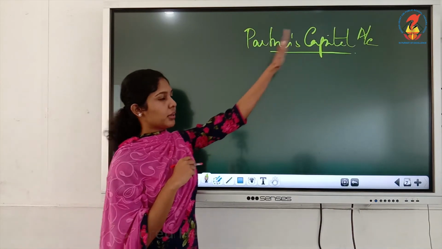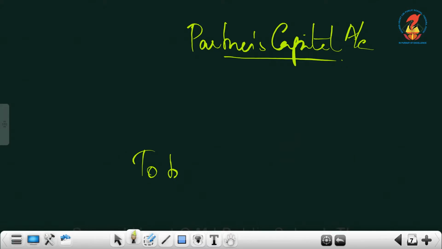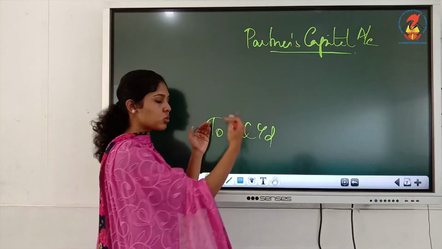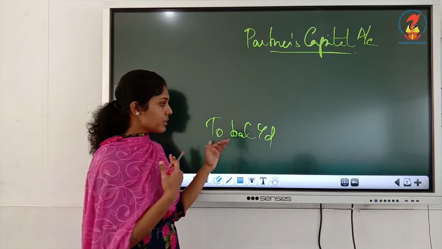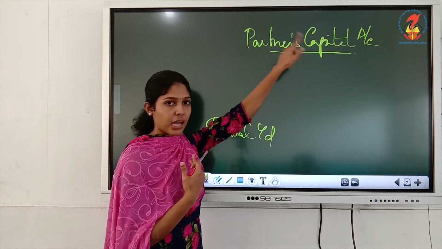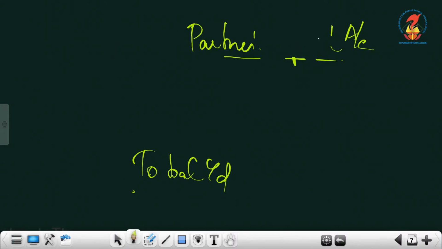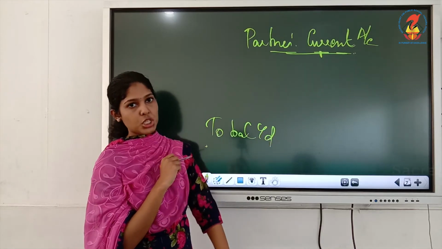Usually when you do partners current account, the balancing figure you will write as carry down and you will take it to the balance sheet. But now there is no balance sheet. You can't write it as to balance carry down in current account. We will write current account first. You can't write it as to balance carry down because there is no balance sheet to be prepared.